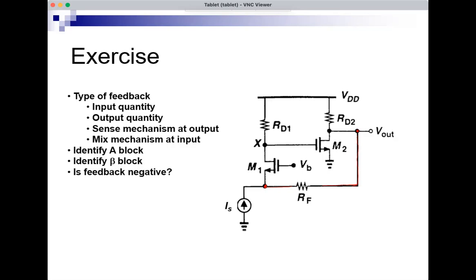All right. Let's start with the first question. What is the input quantity? Well, because the input source is a current source, IS, the input quantity is a current. Well, that's kind of obvious.